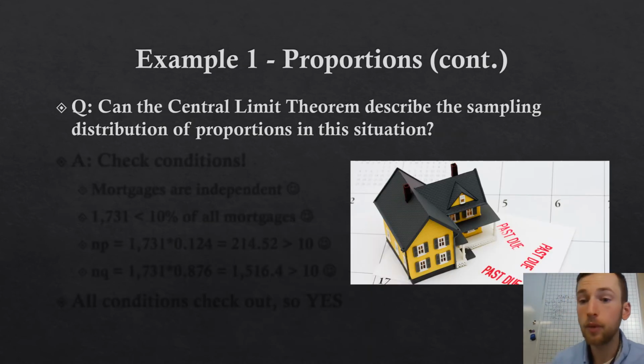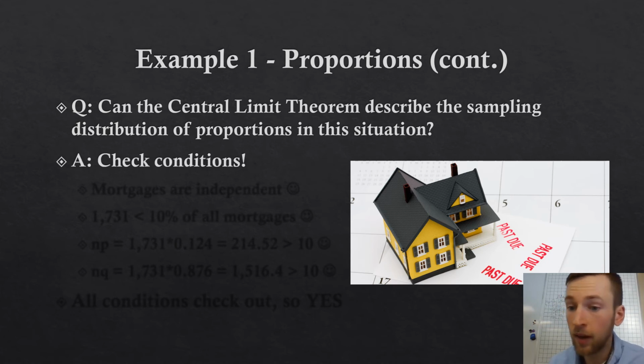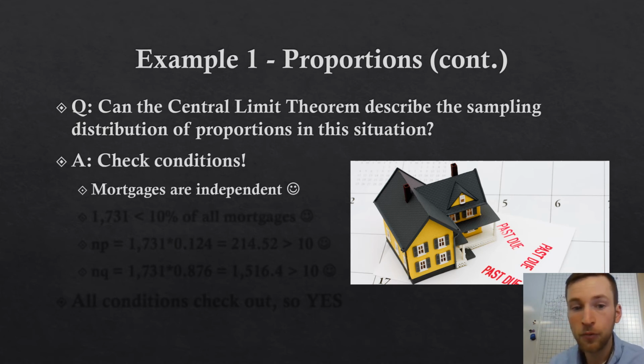So this is how we would go ahead and see, can we use that central limit theorem? We have to check the conditions. So first off, one delinquent mortgage does not influence the next mortgage, so we could say that they are independent from one another. Typically, we say it is safe to assume that the mortgages are independent from each other. Okay.